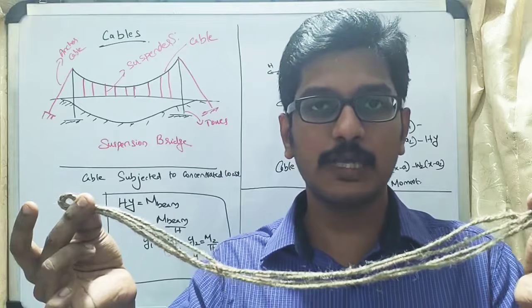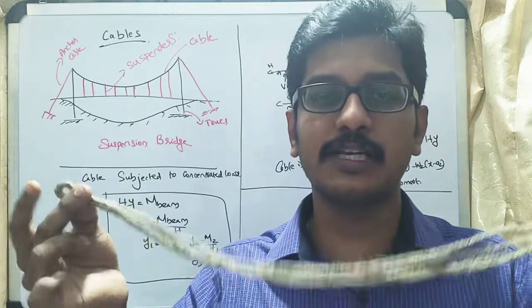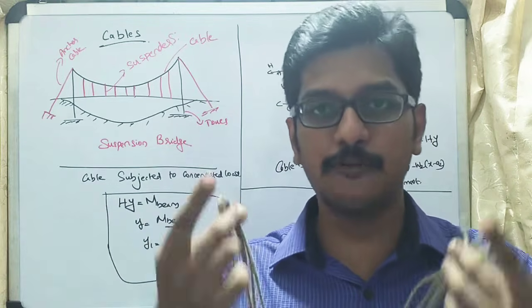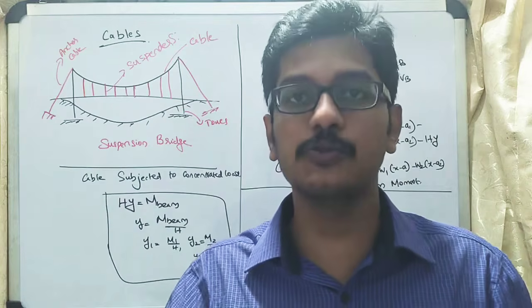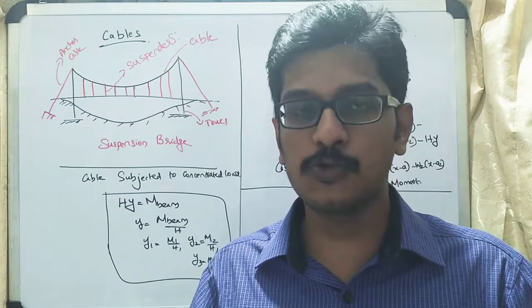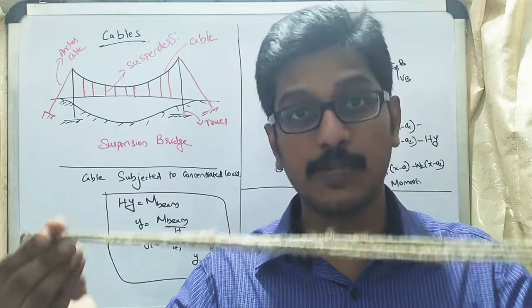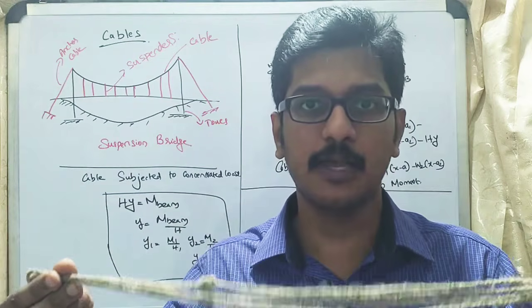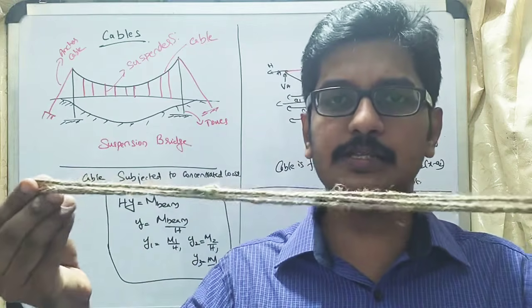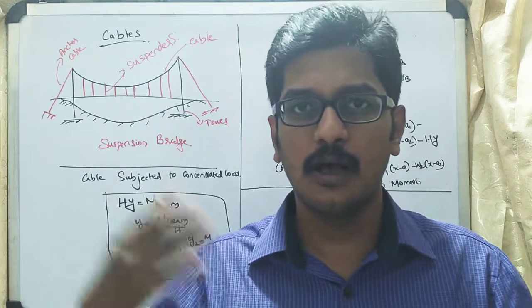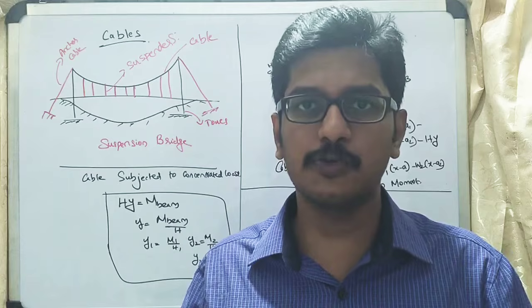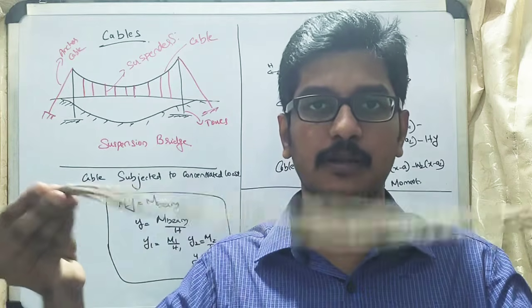So in the case of cables, we have to determine how much deflection is going to happen when those loads are coming, and also we have to find out the total length of the cable by some equations. And the important thing we have to notice is that a cable is very flexible, isn't it?